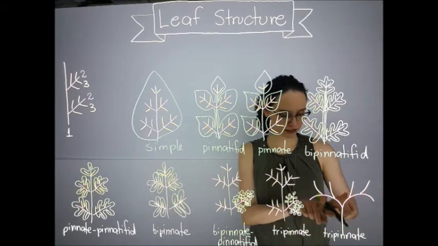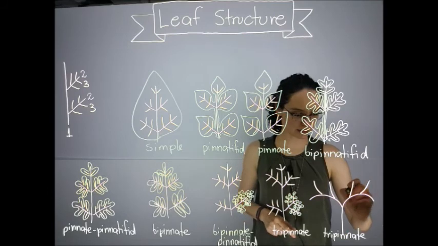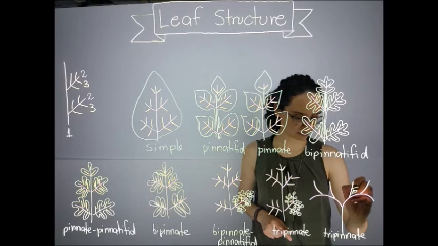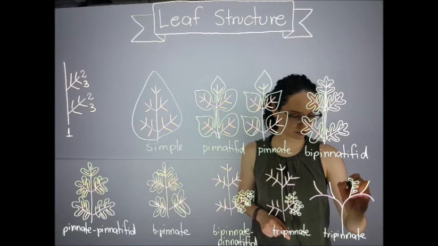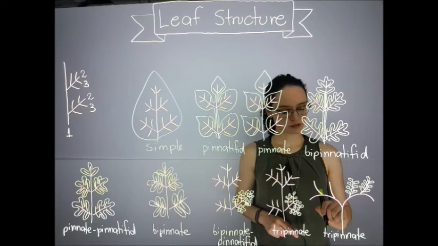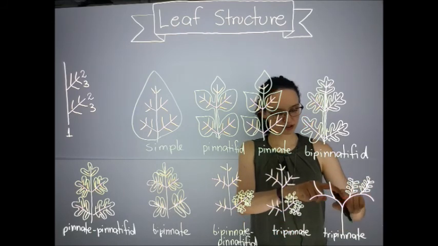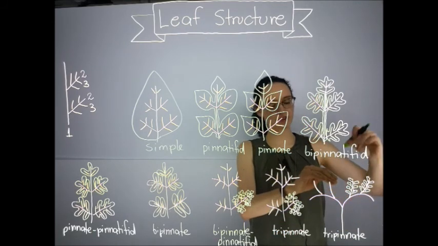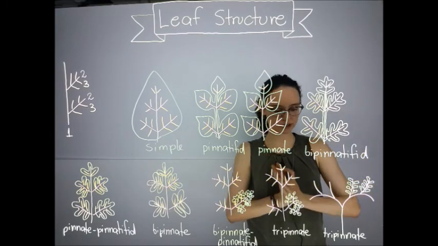So we have the first, the second, the tertiary axis, and then we have the separate leaflets. But you see that the blade is 1, 2, 3. Only at the fourth level of division that you see the blade attached to the vascular system.